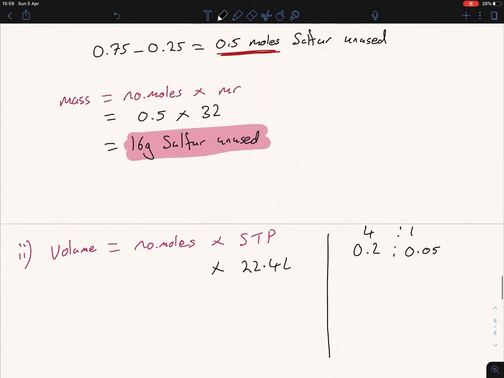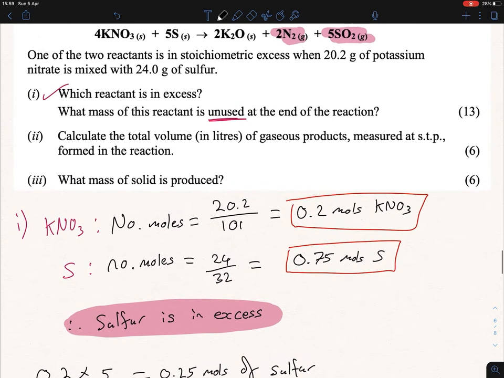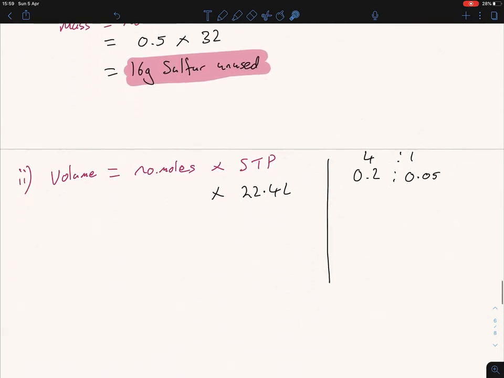Okay. Now let's go back over here. We have two N2s. So this is N2. So it's two N2s. So it's going to be 0.05 multiplied by 2.